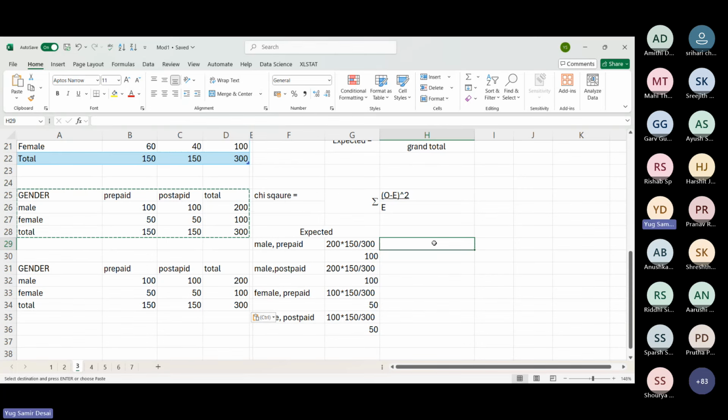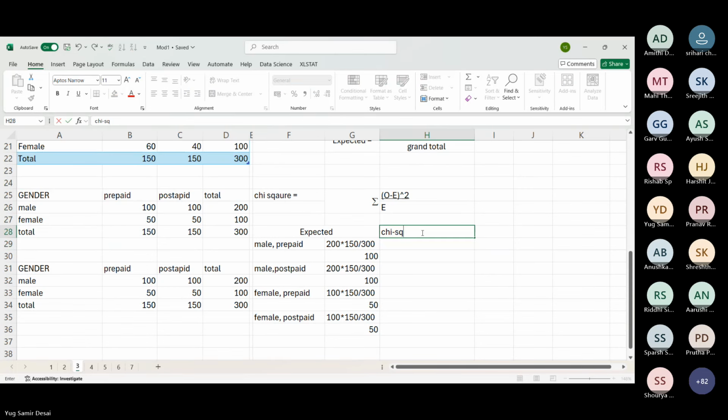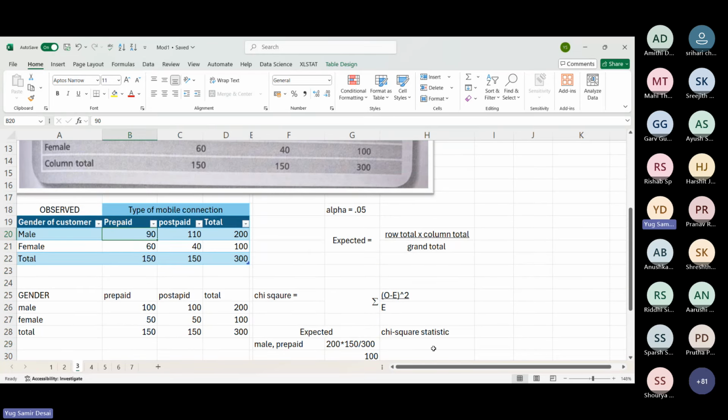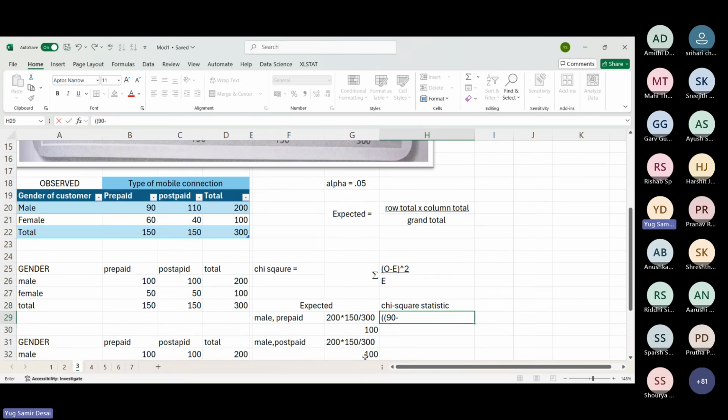So if we had to calculate the chi-square statistic for male prepaid, we had observed that we had 90 customers. So 90 subtracted from our expected value, 100 in our case.